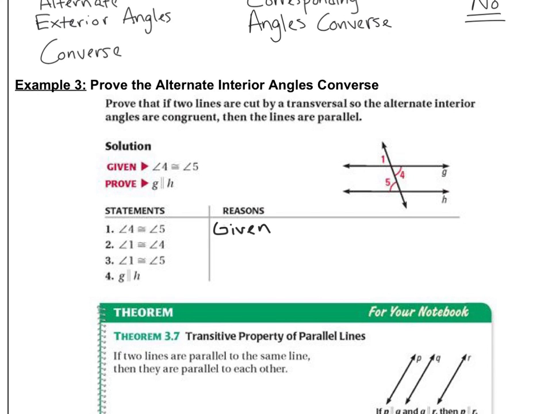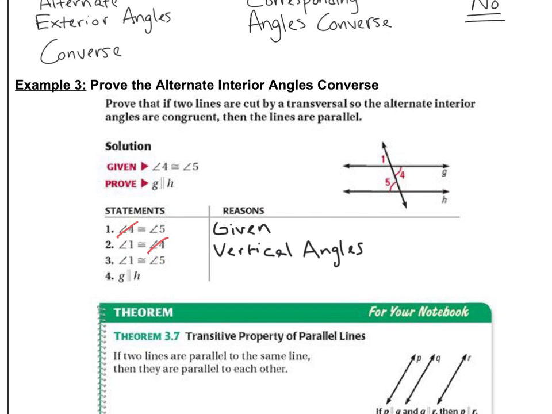We know up here that angle 1 is congruent to angle 4. Hopefully you remember that when they're across from each other like that, those are called vertical angles. Then we say that therefore angle 1 is congruent to angle 5. We had 4 congruent to 5 and 1 congruent to 4. The way I look at this is that they had something in common, and now they no longer have something in common.